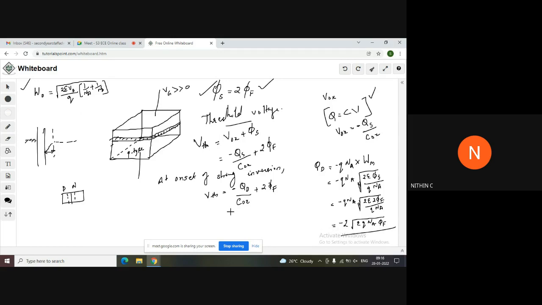Now you just need to substitute the value over here, and you will get QD is equal to minus... So 2 minus will be there. This minus will go, since we are already having a minus over here. It will be 2 root of epsilon QNA by F divided by COX plus 2 by F.